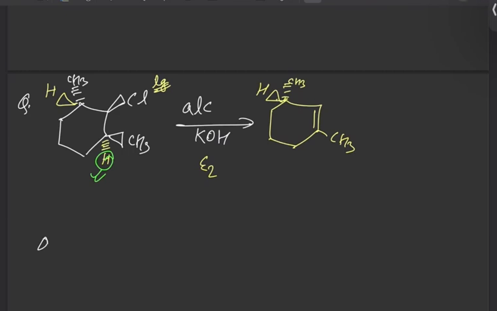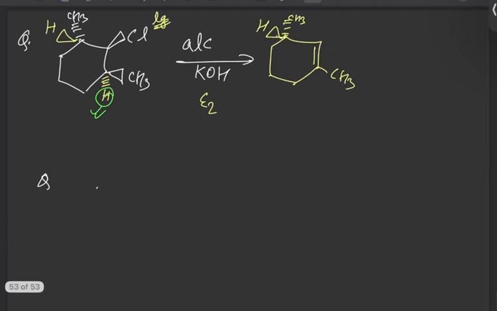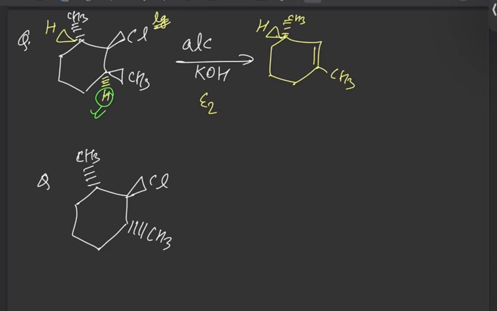So suppose in the same case, I say there is an example, and in this case there is chlorine, and there is CH3, and there is CH3, and there is CH3.